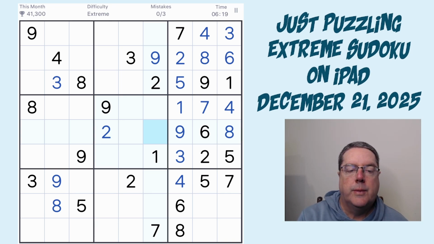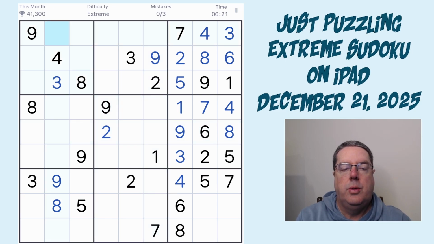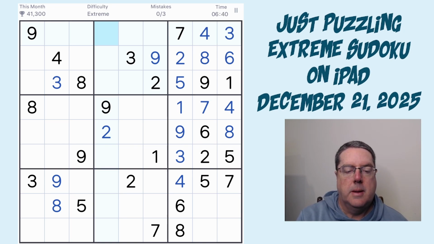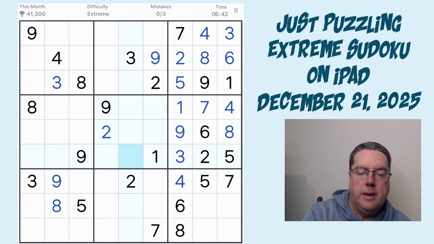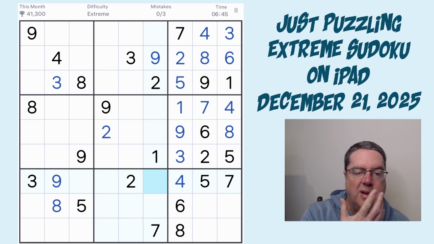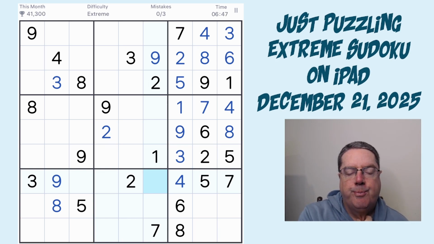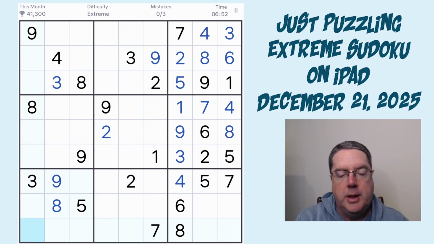Okay, so 2 is there, 2, 1, 2, 3, 4, 5, so 5 can't be there, 6, 7, 8, so 8's there, okay, 8 is there, 8's there, so 8 can be anywhere. 7 comes across here, 7 comes across here, so that's a 7 there.